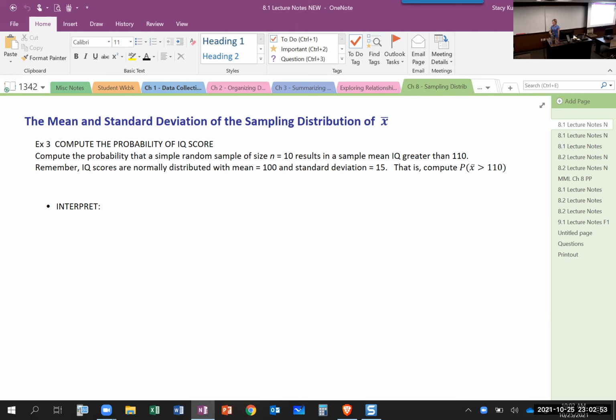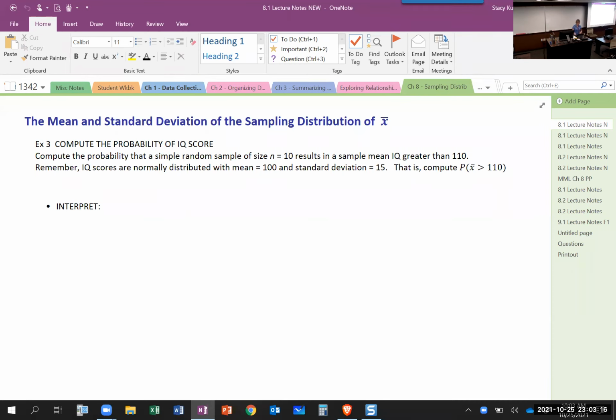In other words, if I go out and I sample 10 people, what's the likelihood or the probability that my sample mean is 110 or more?